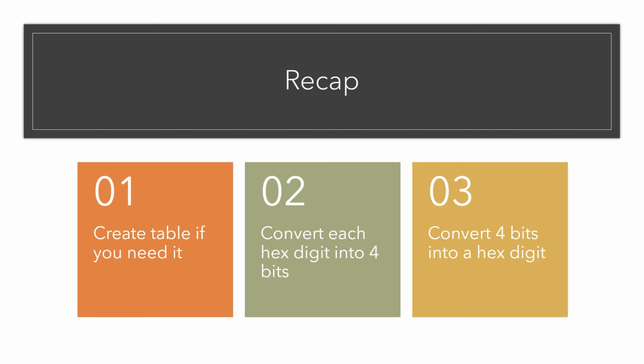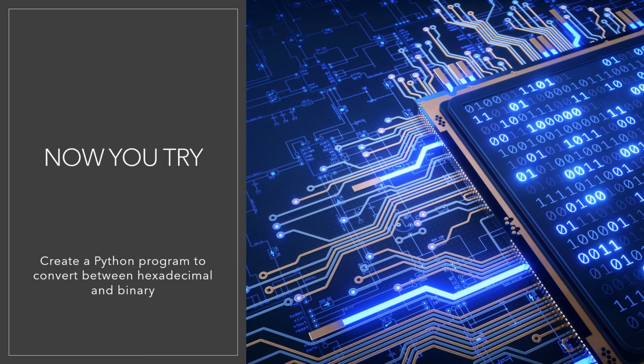That's literally all you need to do, and you don't need to convert any of those values into decimal. So I'm setting you a simple programming challenge to create a Python program to convert between hexadecimal and binary, and in the next of these lessons we'll look at how we represent negative numbers in binary.